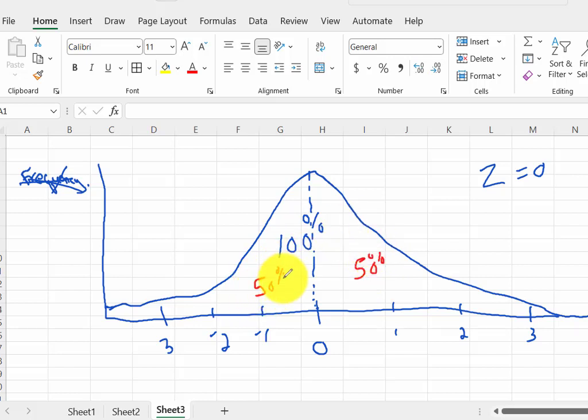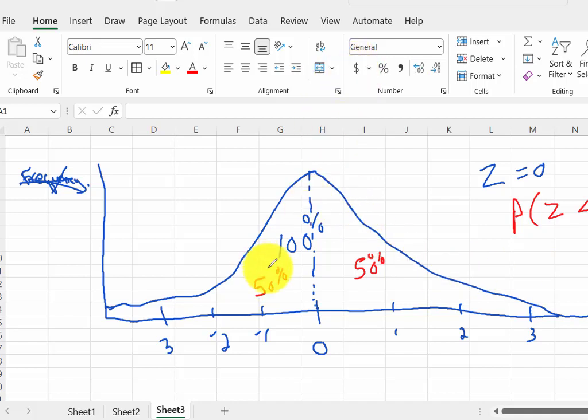So the question might come out, what's the probability that if you pick somebody's z-score at random, your z-score would be less than 0? The answer would be 50%. Or 0.50. We're going to switch over to decimals here.